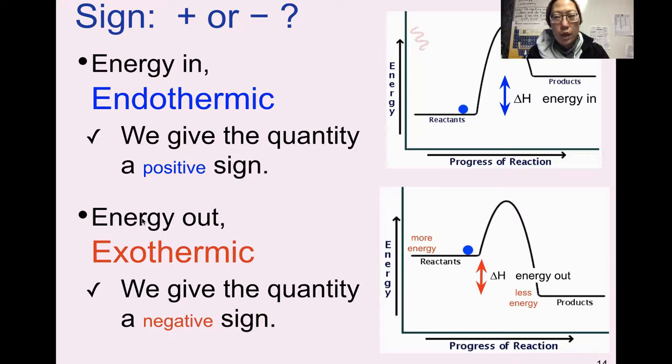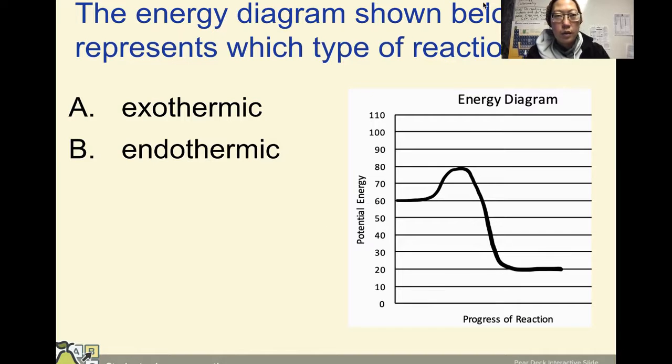All right, so again, make sure you know your sign conventions. Endothermic: positive Q, positive delta H. Exothermic: negative Q, negative delta H. Now we have an energy diagram here. Is this exothermic or endothermic?